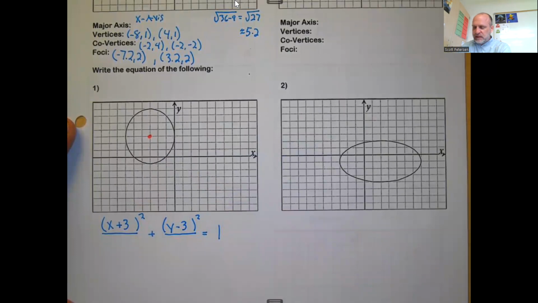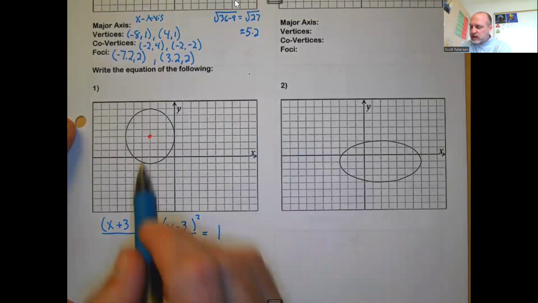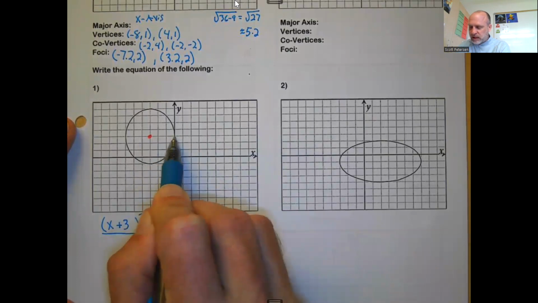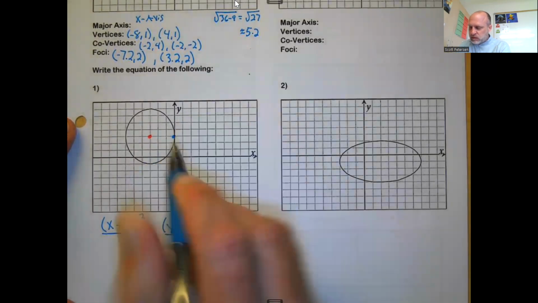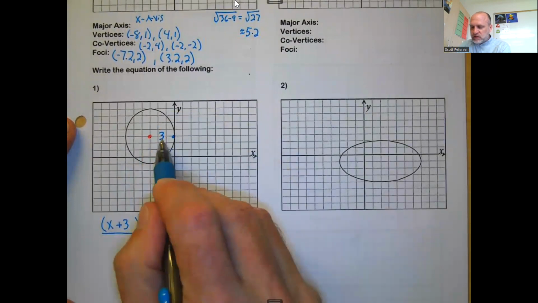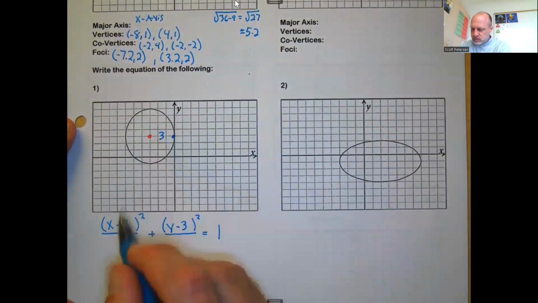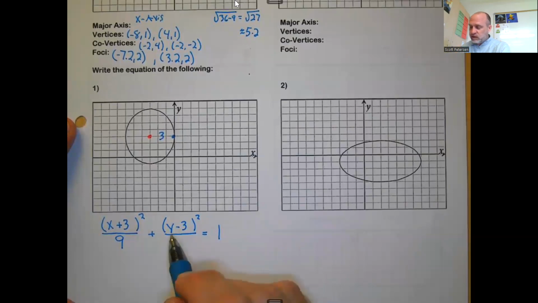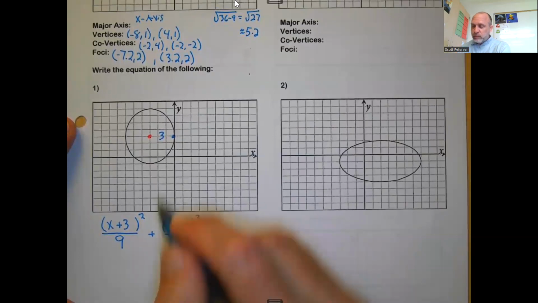Next step, probably the easiest thing to do, is calculate the distance from the center point to the side. From here to here is 3 units. We square that to get our value here, just like we square the radius for our circles on Tuesday. Then for the y, we'll do the same thing.